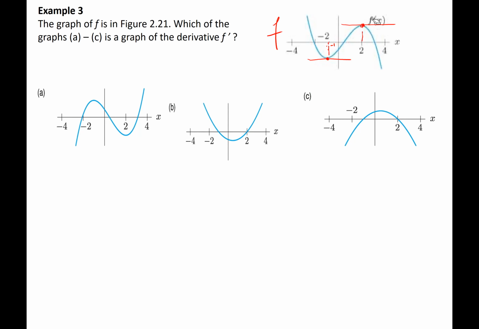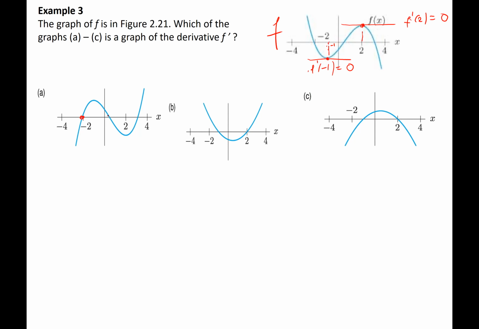What do you think? What is the value of the derivative at -1 and at 2? Of course, they are 0, right? That means 0, 0.